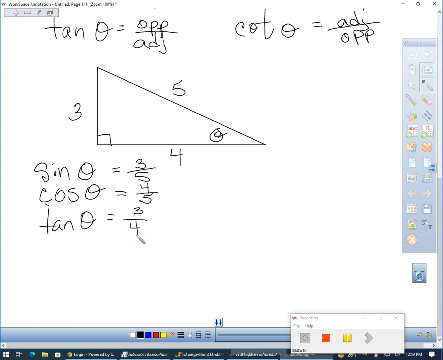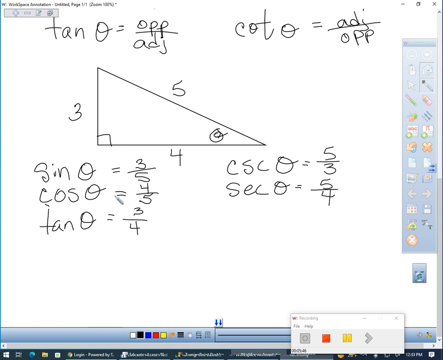So those 3 you've done before. Our 3 new ones. Cosecant of theta. So you can go from the theta and say it's hypotenuse over opposite, or it's the opposite of sine. You just flip sine over. Cosine. The opposite of cosine is secant. Secant then is hypotenuse over adjacent.